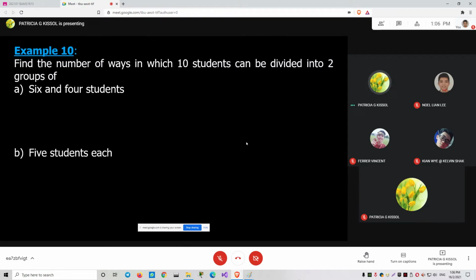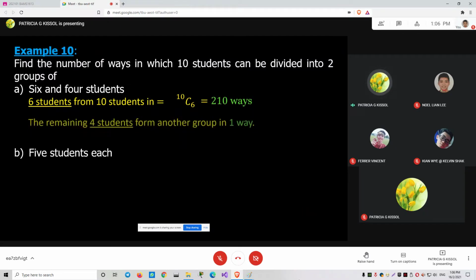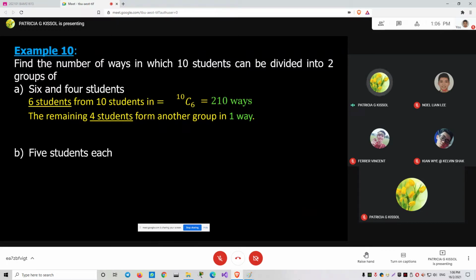Basically, in order to solve it, 6 students will form the first group. So the 6 students from the 10 students is 10 combination 6, whereas the other group, which consists of 4, we do not have to calculate it further because the remainder, the 4 students, will automatically form another group, and that is only one way.